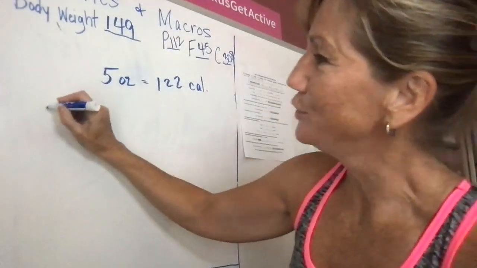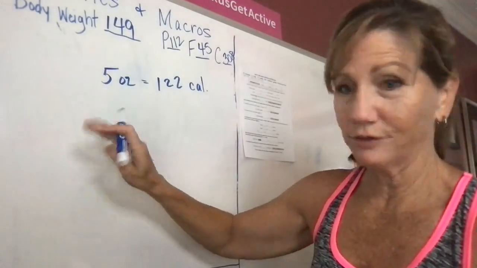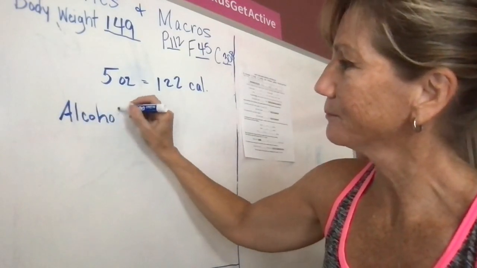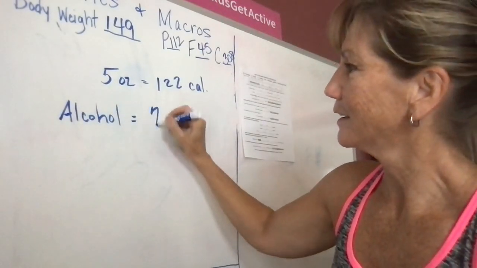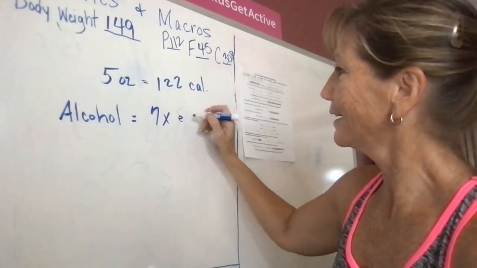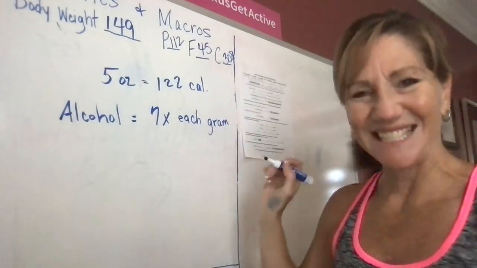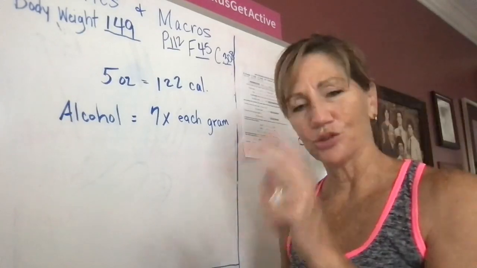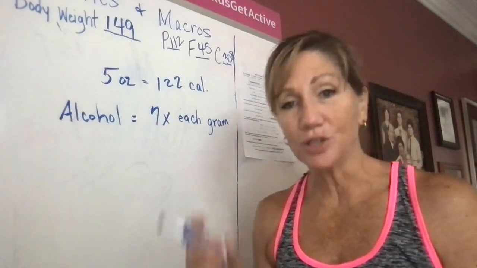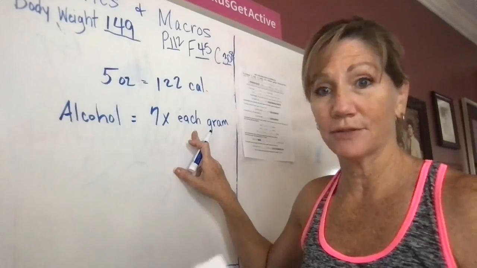I did not. So if you're calculating calories just for alcohol for each carb, it's 7 times each gram. So that's going to give me how many calories are coming just from the alcohol.